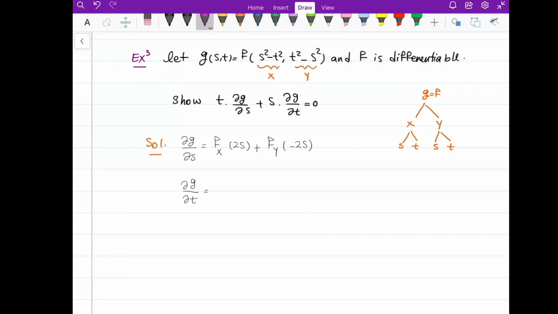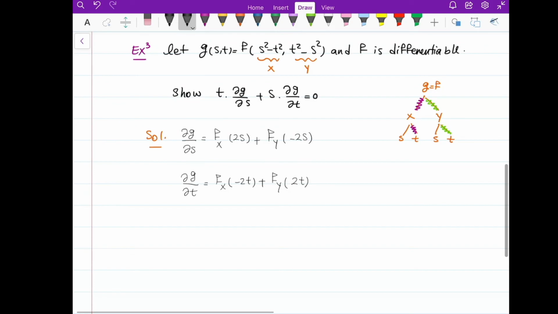With respect to t, I can go along this path, or I can go along this path. So it would be the derivative of f with respect to x, times the derivative of x with respect to t, negative 2t, plus the derivative of f with respect to y, times the derivative of y with respect to t, which is just 2t.